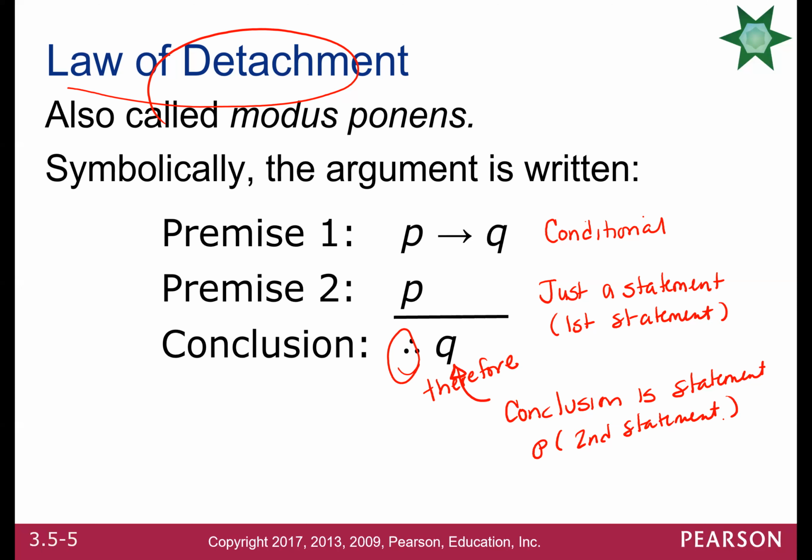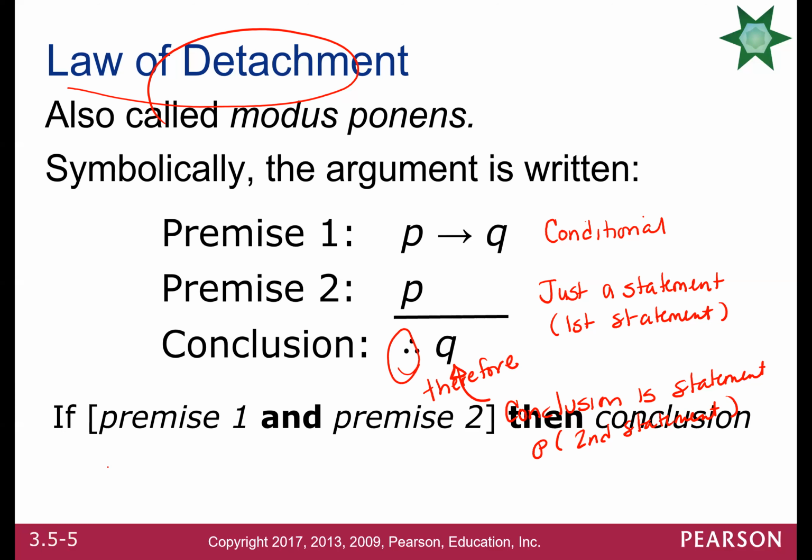So it's if premise 1 and premise 2, then conclusion, or if P then Q and P, then Q. So this law of detachment written symbolically is what we have at the bottom of this slide.